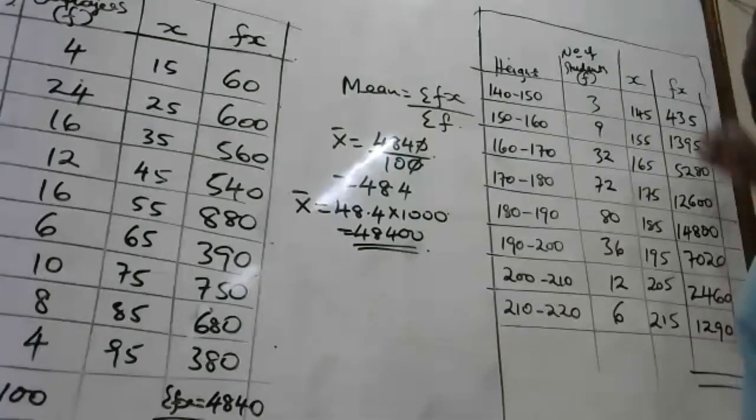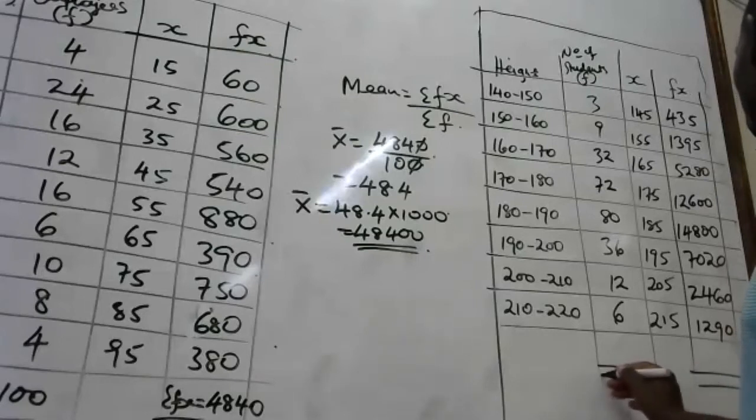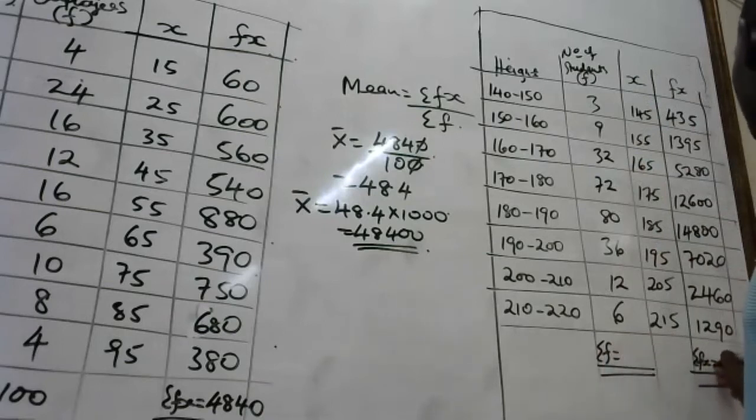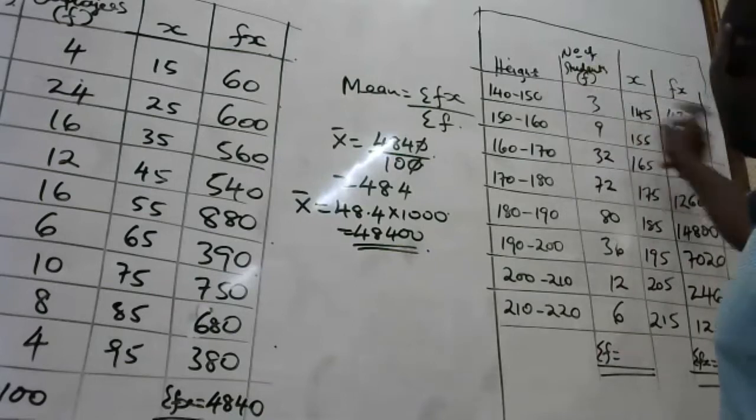Then you add all the fx values. You also add all the values of f. We get the sum of f and the sum of fx, because we are adding the fx for this and the fx for this.